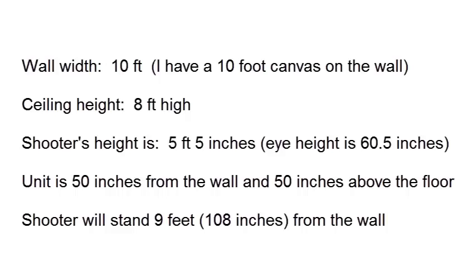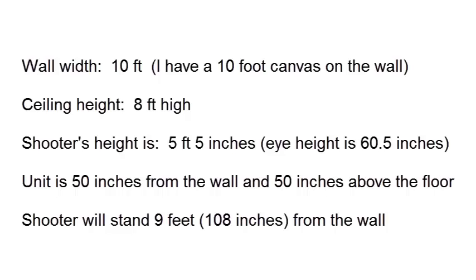I'm going to choose to set the unit 50 inches away from the wall and 50 inches above the floor. The shooter is going to be standing back 9 feet from the wall, 108 inches, and this makes the best use of the 10-foot canvas that we have on the wall in front of us. So those are the introductory things so that you know what it is that I'm trying to do.